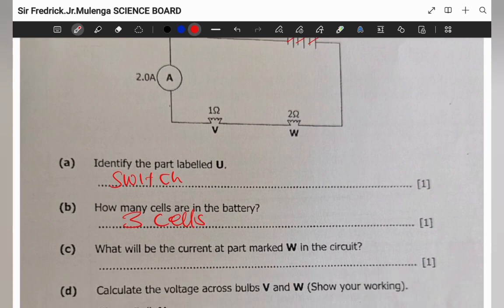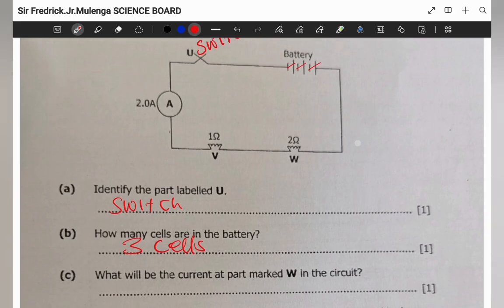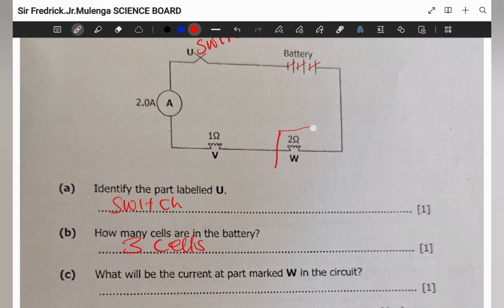What will be the current at the part marked W in the circuit? They are asking what the current could be here. The principle is that when you have a series arrangement, the current is the same at all points in the circuit.